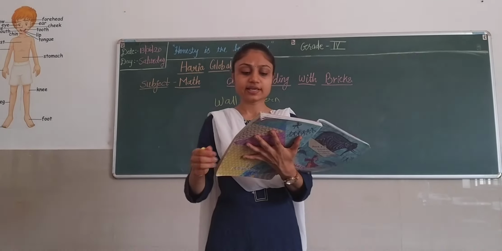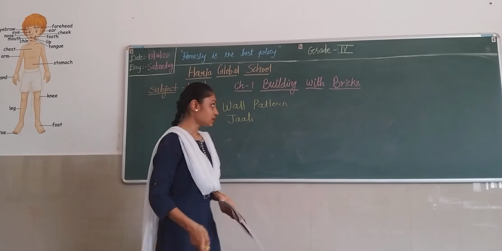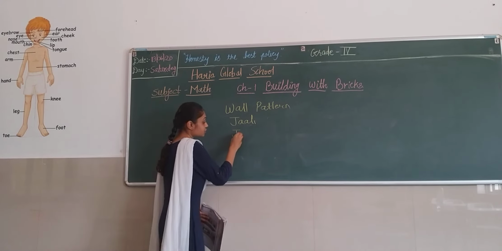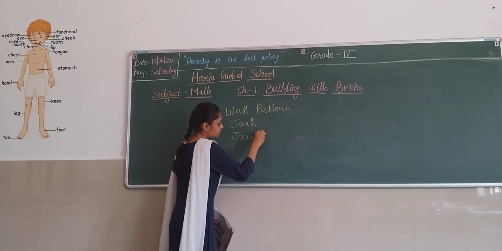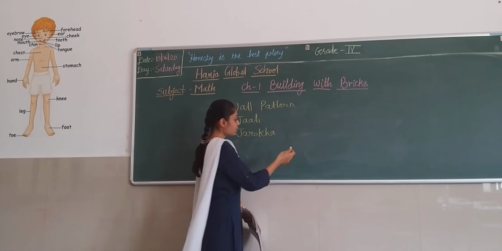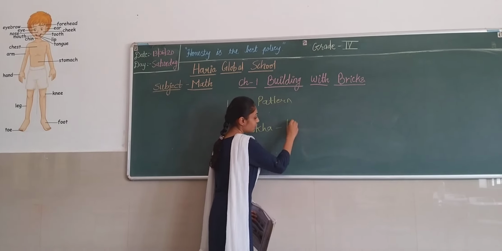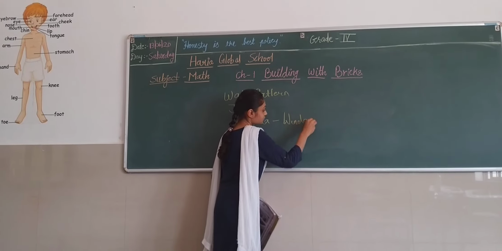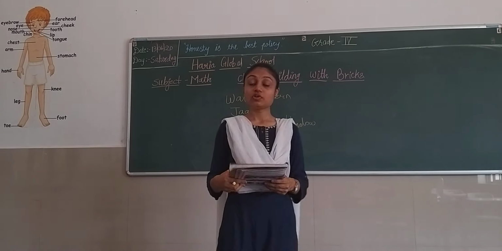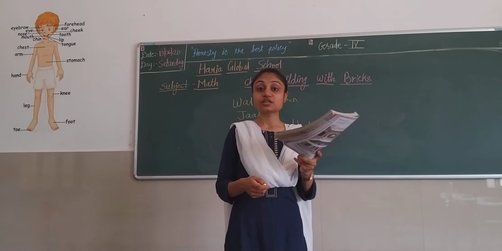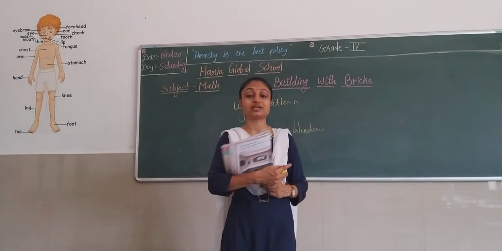Now take out page number 7. Here you have Jharokha. I will give you the meaning of Jharokha. Jharokha means window. With the help of brick, we can also prepare many different patterns of window, that is Jharokha.